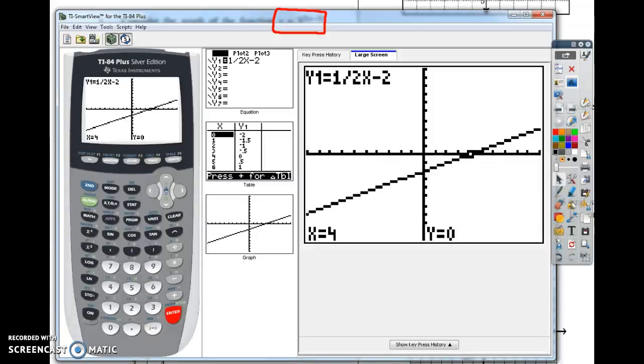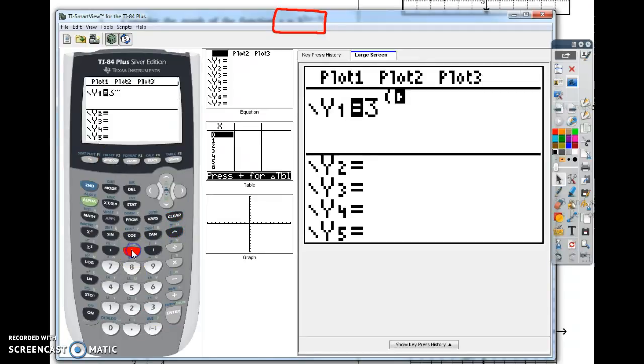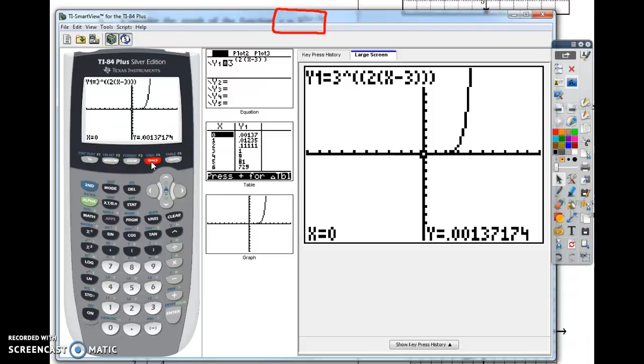So in the calculator, you would put 3 to the power of, make sure you put everything in parentheses, and that's 2 parentheses x minus 3, close parentheses, close parentheses. Press trace, and it graphs it for you. But it's the same thing that they gave you on there anyways.